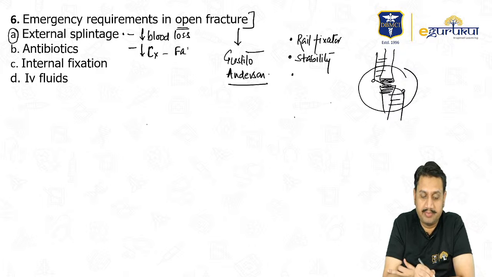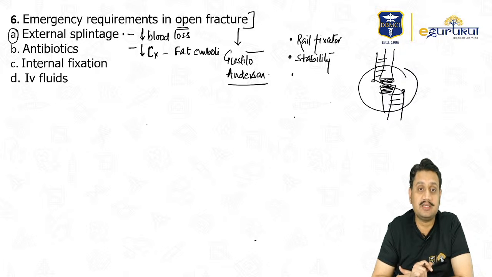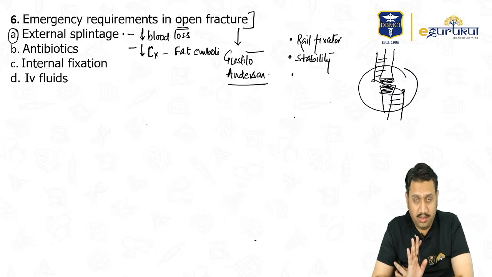The more a big bone moves, for example femur or tibia, the higher the chances of developing compartment syndrome. That's what we don't want, right? So external splintage of any fracture, not only open, is very much important and very much required.